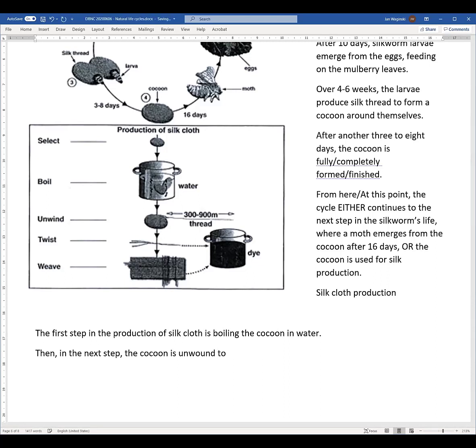Or about 300 to 900 meters. Unwound. Something missing. Is unwound. Here they mean meter or length? To a length of 300 to 900 meters. Is unwound. We're going to put another idea in here. What did you want to put in here? The cocoon is unwound.